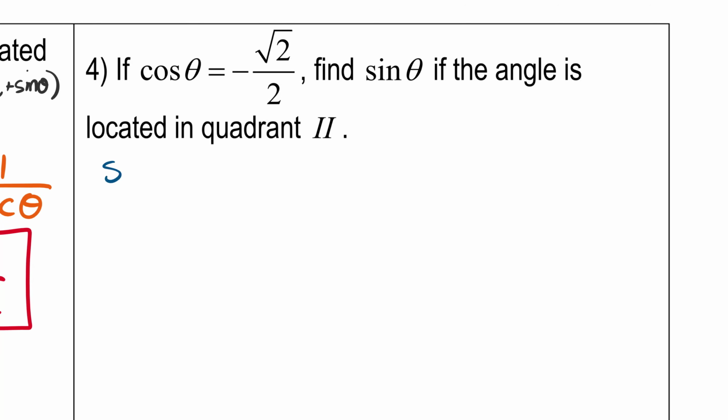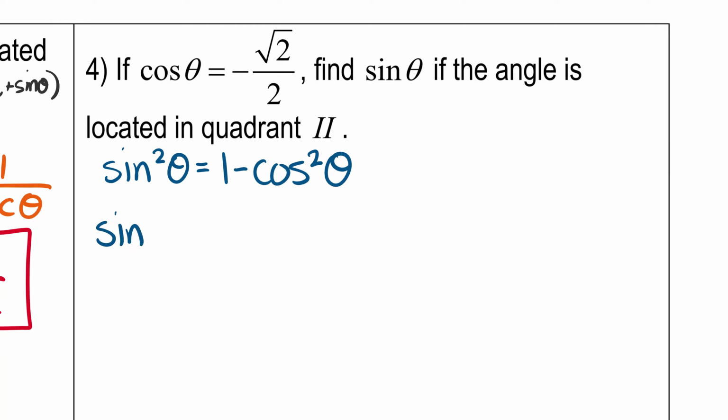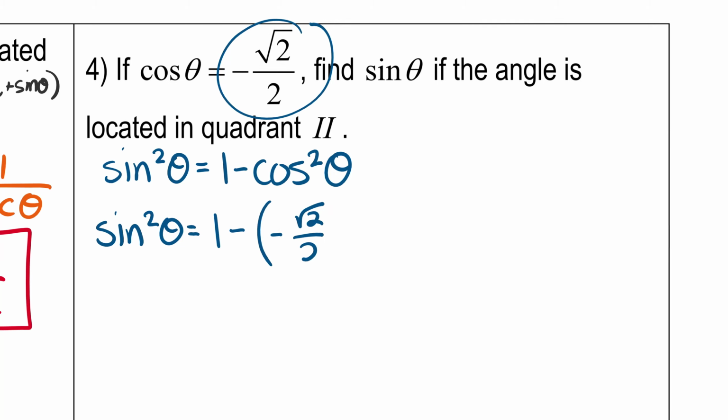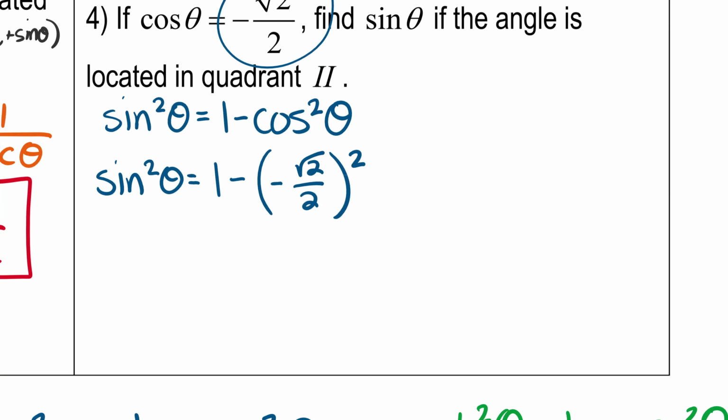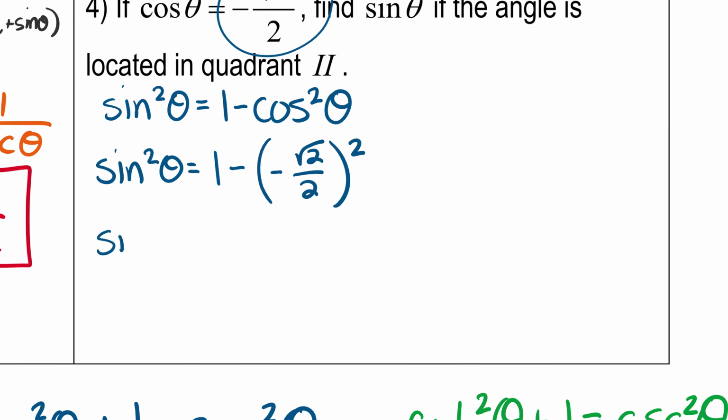So we have sine squared theta equals 1 minus cosine squared theta. Well, here's cosine because we have it in the question. So I would do negative square root of 2 over 2 squared. Sine squared theta equals 1 minus, so 2 negatives make a positive, so we don't have to worry about that.